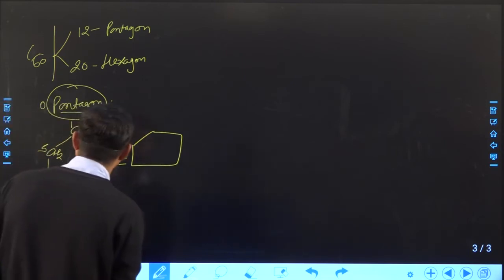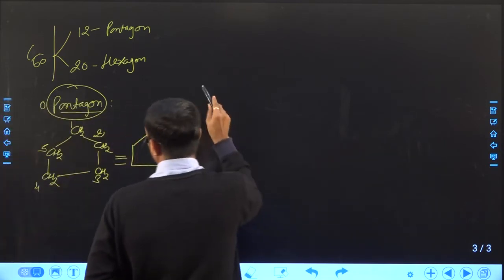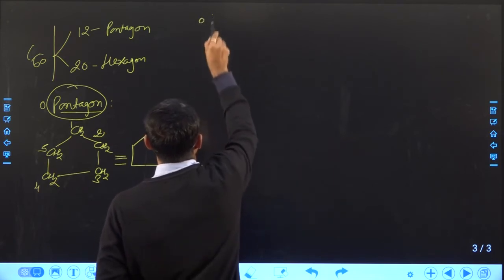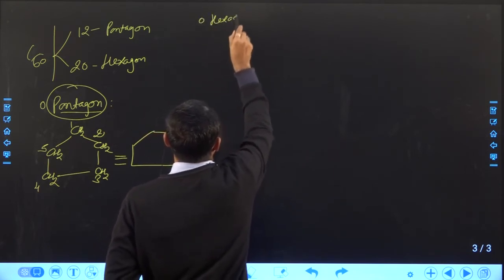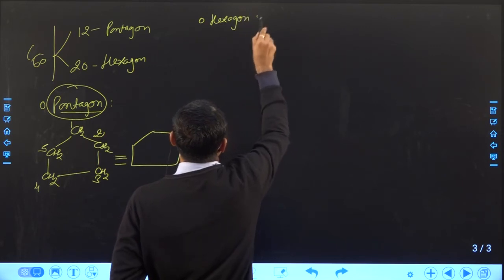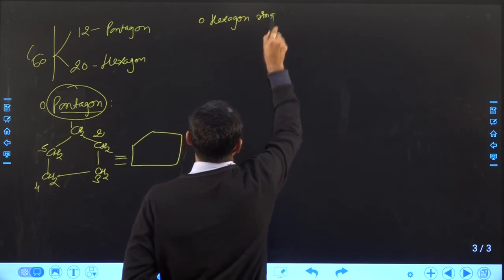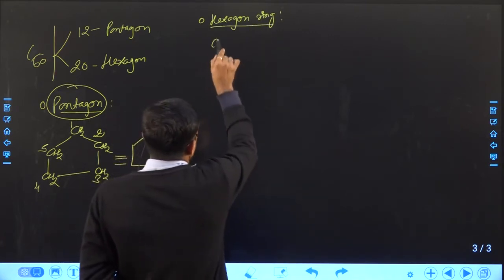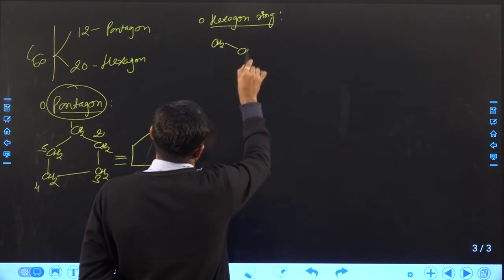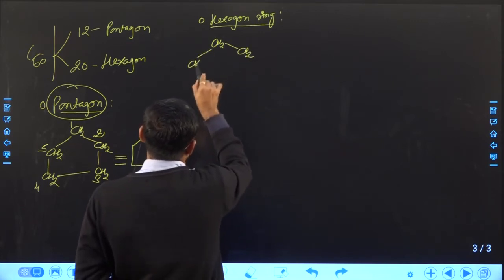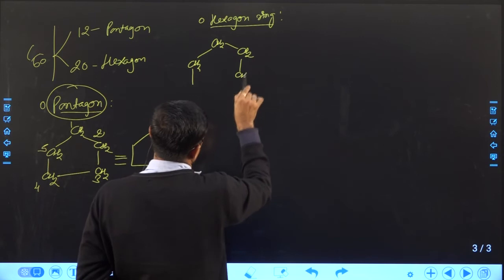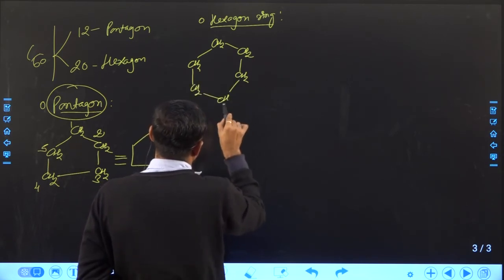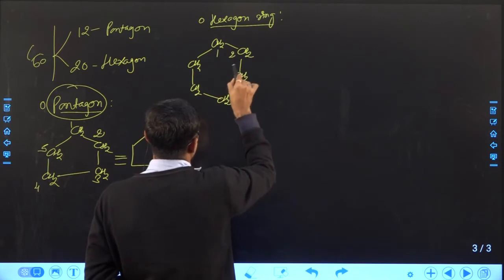fullerene structure. Suppose if we talk about the hexagon ring, in a hexagon ring 6 carbon are present in a ring. That means a 6 carbon containing ring is known as a hexagon ring.